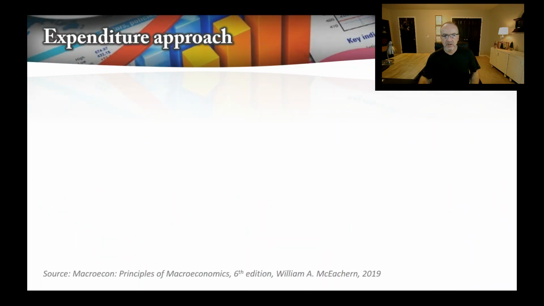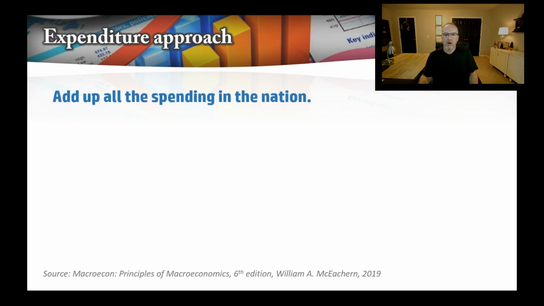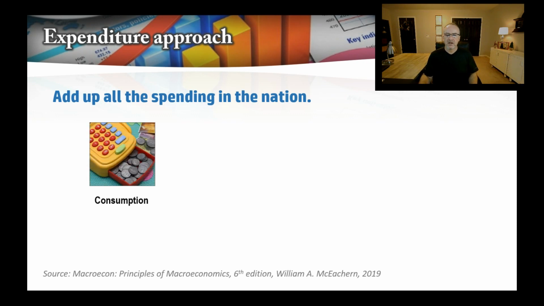In this approach, those folks in the government who are accounting look at all the spending in the nation, and they group it by major categories. And those categories are consumption, number 1. They look at what was consumed, and consumption is considered really household spending.